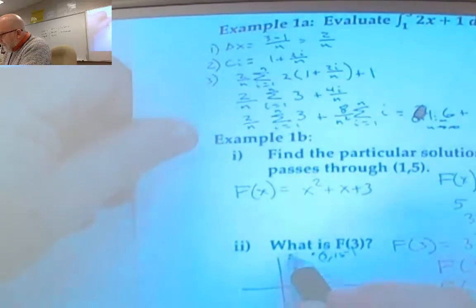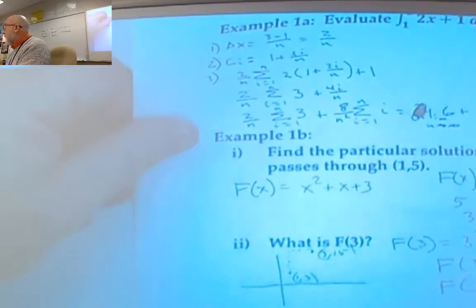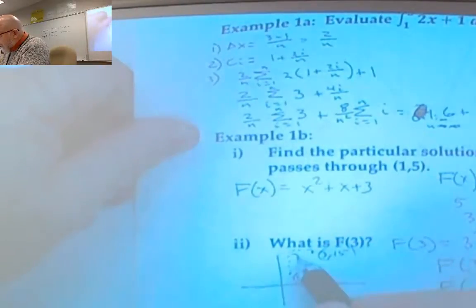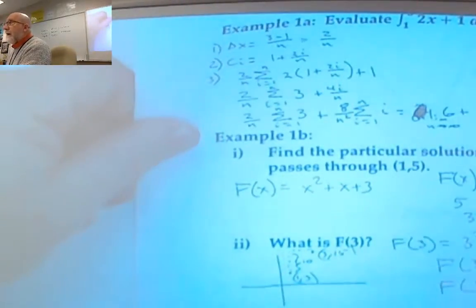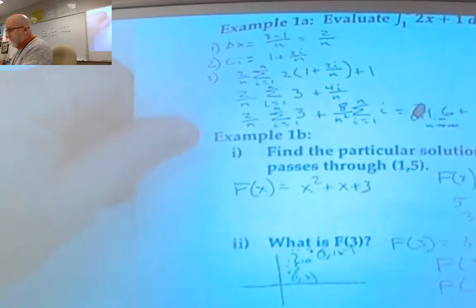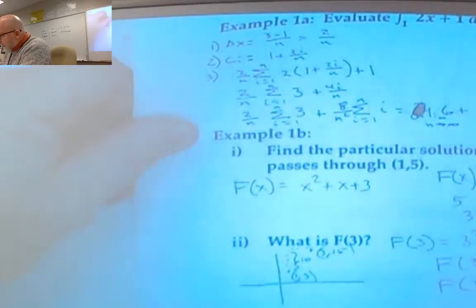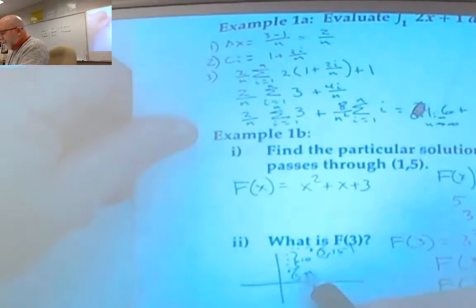There is a vertical distance between them, correct? Would you agree? That vertical distance is 10 in this case. Does that make sense? Yes. Oh, what did I write? (1, 3), (1, 5). Thank you.